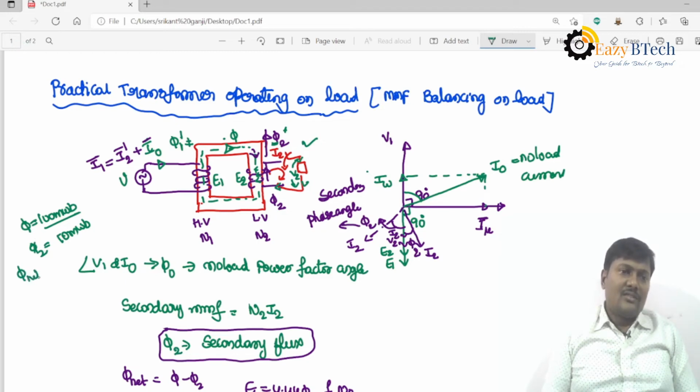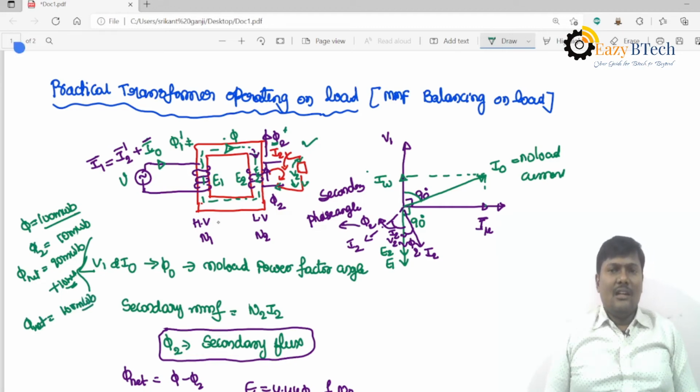Now the net flux will be 90 milliweber, because the primary draws additional current and 10 milliweber will be added. Then the net flux in the transformer core is always 100 milliweber. Maybe 1 or 2 percent change in the flux, but the flux in the transformer core is always constant. That's why the transformer is also called a constant flux device.